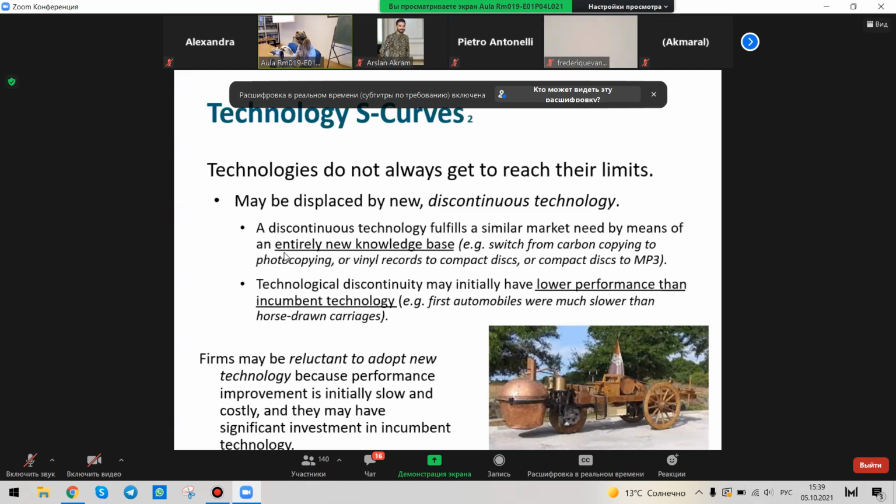What does it mean, an entirely new knowledge base? It means that usually we have an architectural innovation. So we have an innovation in the design, in the knowledge, in the architecture of the overall process or product. So technological discontinuity means that we define a new innovation that gives rise also to new process and product innovation.